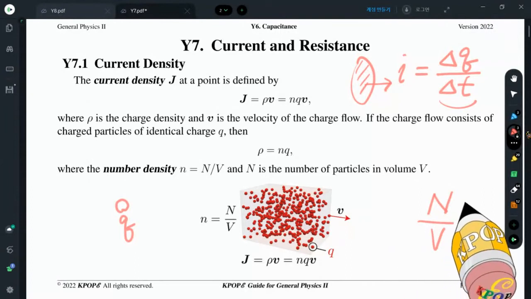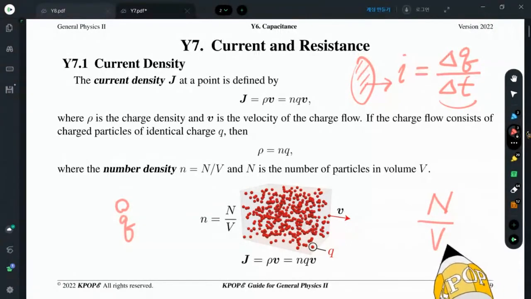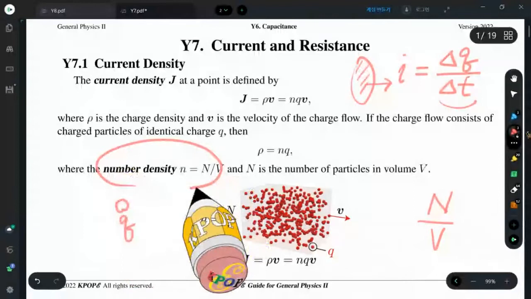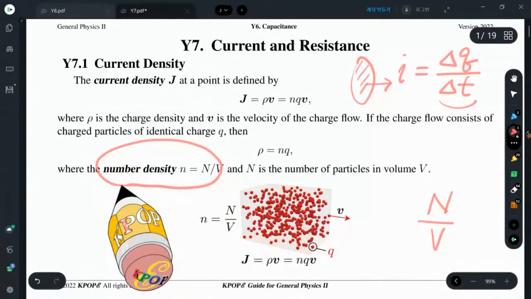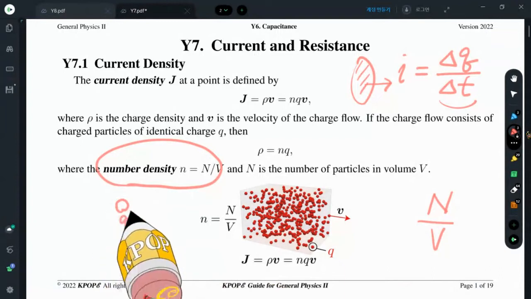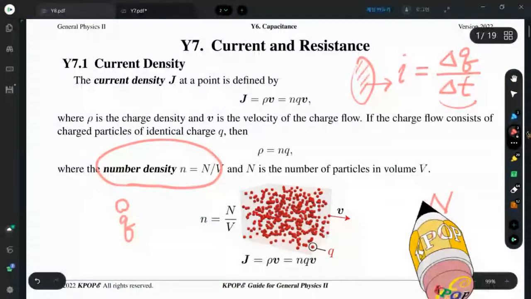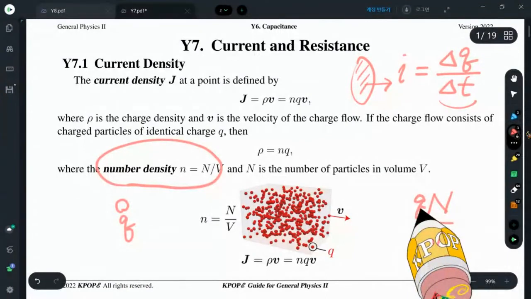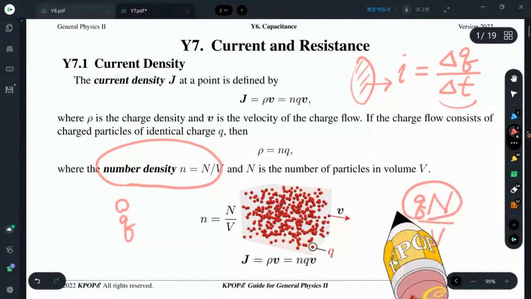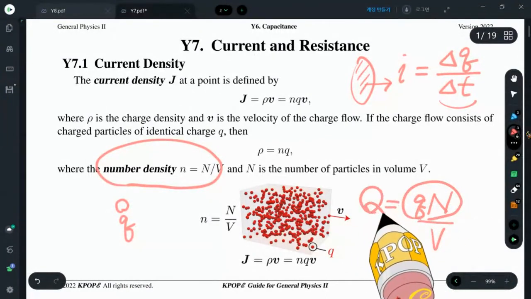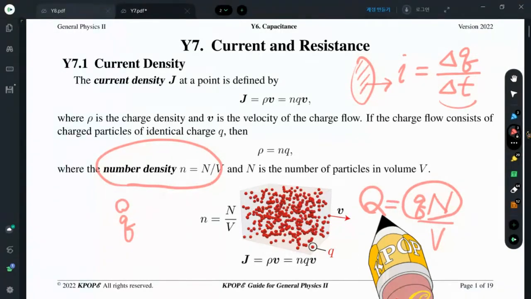Capital N divided by V is called the number density. If I multiply by the charge q of each particle, what I get in the numerator is the capital Q, the net charge inside the volume V.